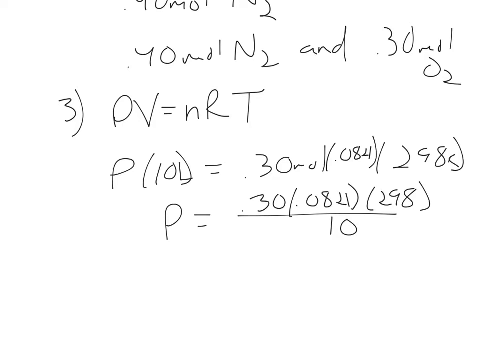I've got 0.3 times 0.0821 times 298 divided by 10, and I get 0.734. That's too many sig figs. We'll round that to 0.73 atmospheres. Alright, 0.73 atmospheres in tank A.